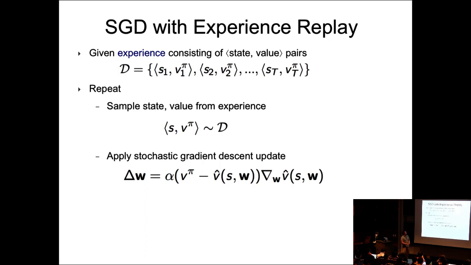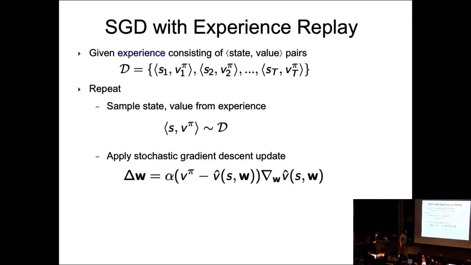We're going to sample the state and the value from experience randomly. And then we're going to be applying the stochastic gradient descent update rule. Okay? So what's the difference compared to the previous ones? It's a very simple idea. In fact, you look at it and you basically would say, why does it even have its own name?